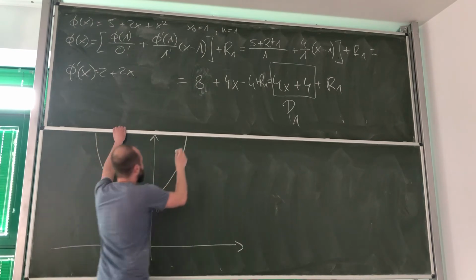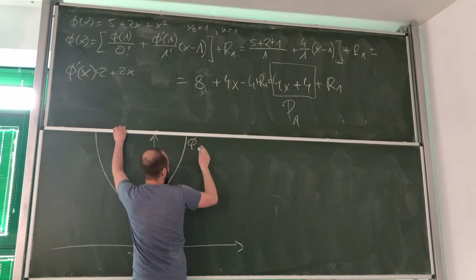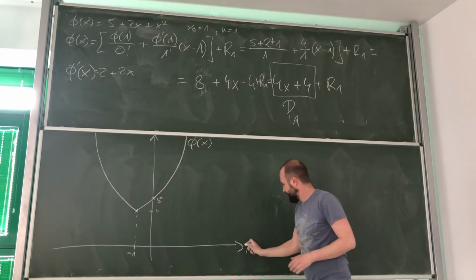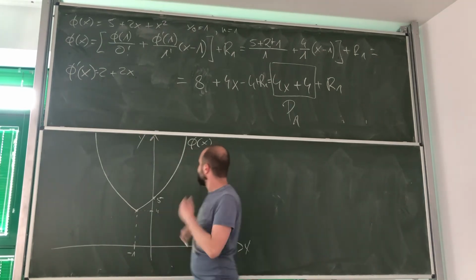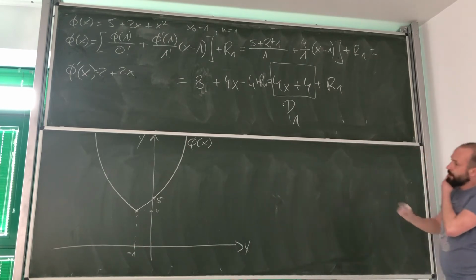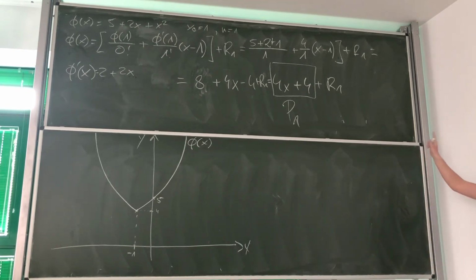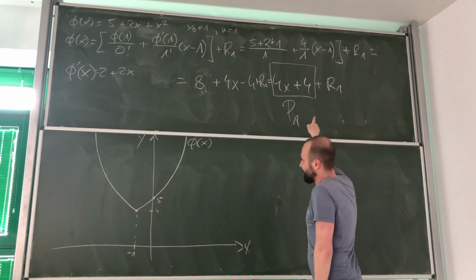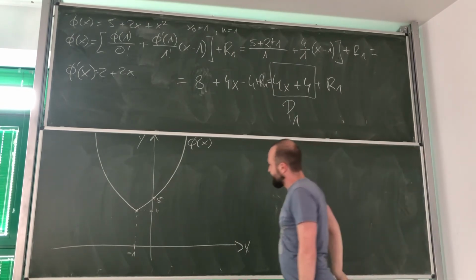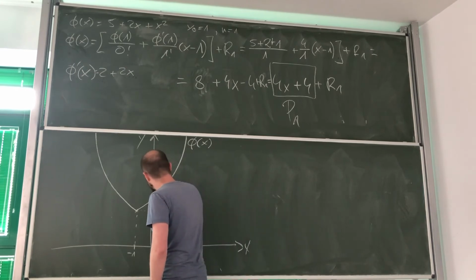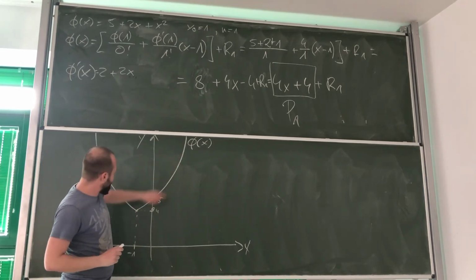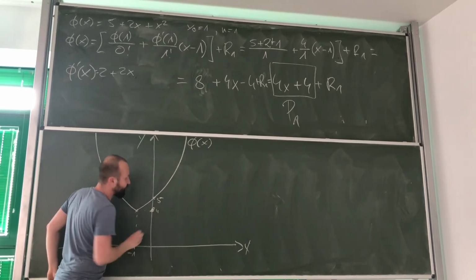So this is our phi of x, right? Now, for approximation purposes, we use the function 4x plus 4, right? So this function is positively sloping, and it cuts the y-axis at 4.